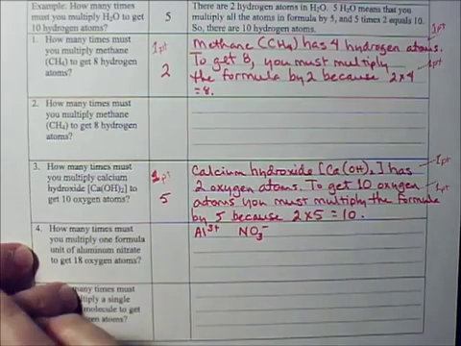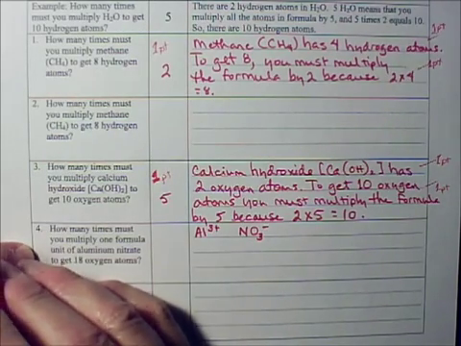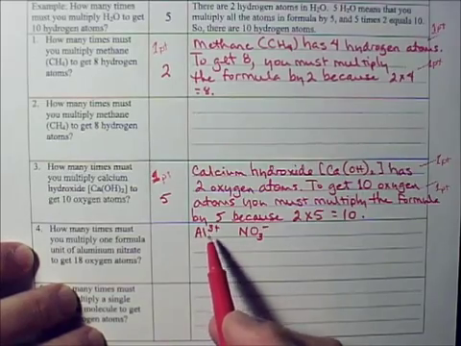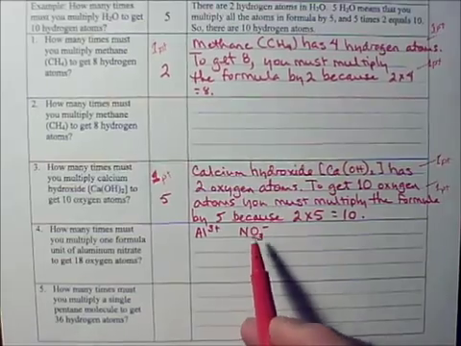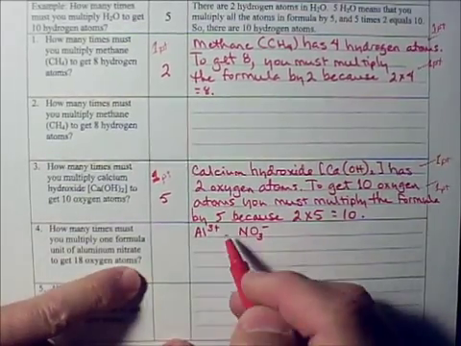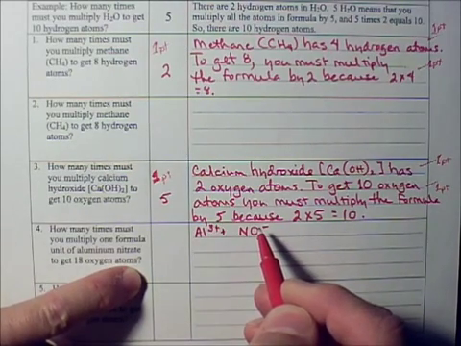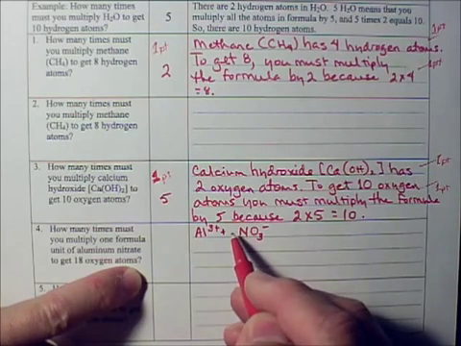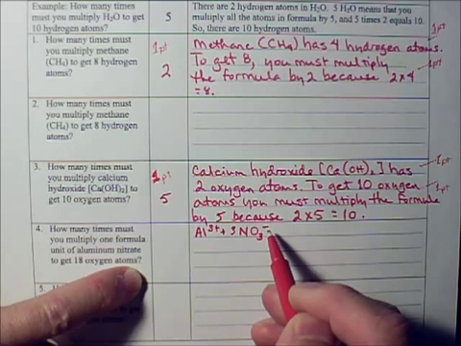Okay, you look up both of those on various places in your test references. Aluminum and its charge will be found on the periodic table with oxidation numbers. Nitrate will be found on the list of common ions that's in your test references. Then, as we learned in Unit 3, to balance the charges and get a balanced formula, we have to have 3 nitrates to give us 3 negative charges.